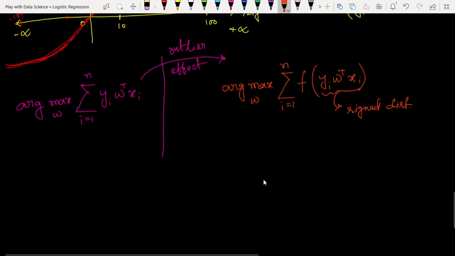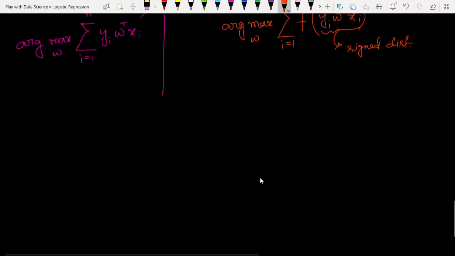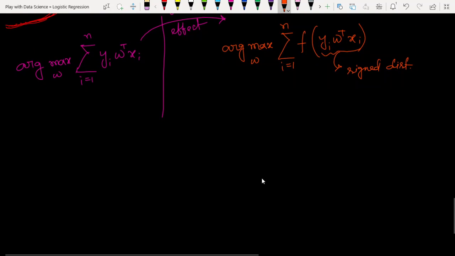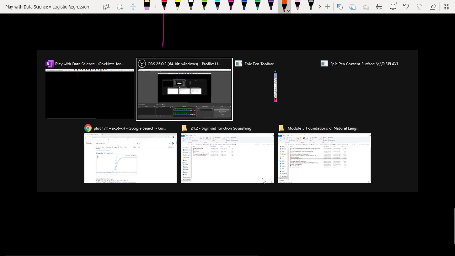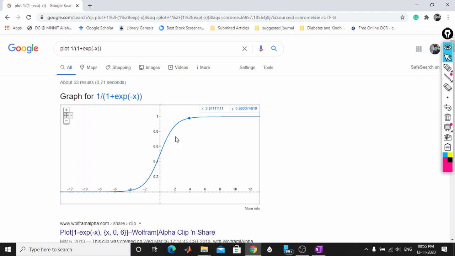So now what are these functions? Now let's consider and discuss what is the behavior, or what actually the function is. Just changing our window to this. Actually this function is nothing but, if we use a Google tool or some other software, the function is 1 by 1 plus exponential of minus x.